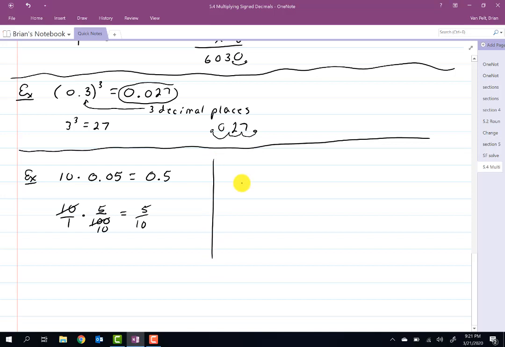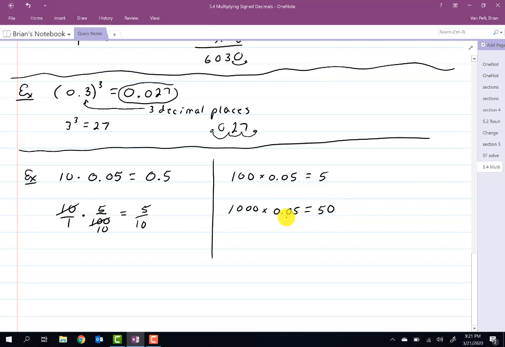So for example, if I took 100 times 0.05, I would move the decimal to the right 2 places and I'll get 5. If I take 1,000 times 0.05, I'll move the decimal place to the right 3 places and I'll get 50.